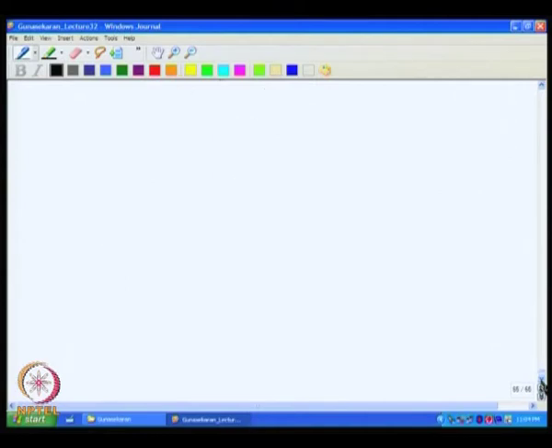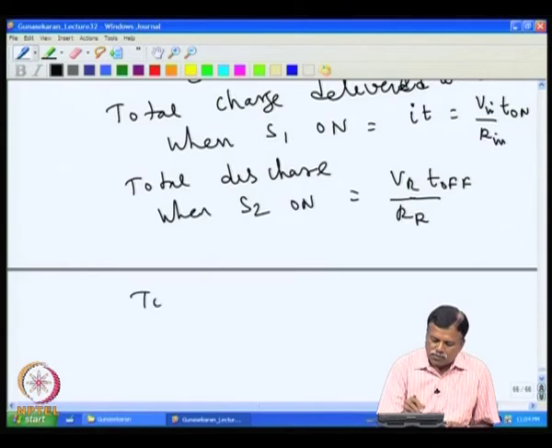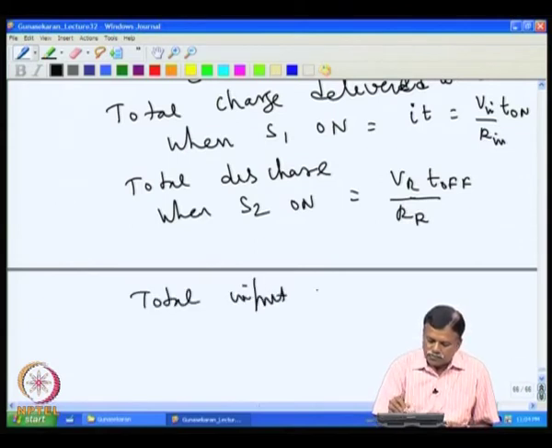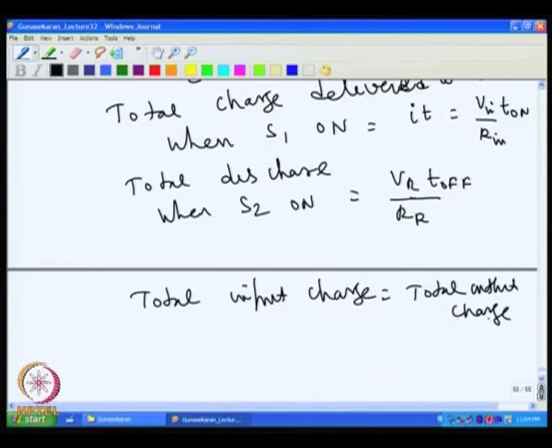So, what we can do is equate these two, because the total input charge must be equal to the total output charge. That actually makes V in by R in into T on equal to V R by the reference resistance into T off.